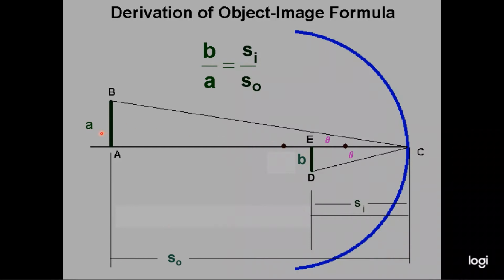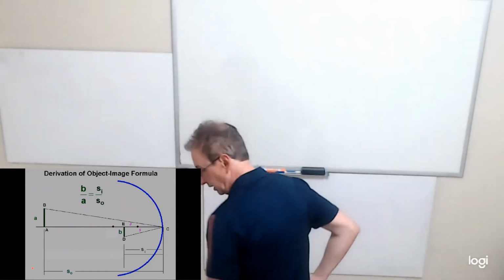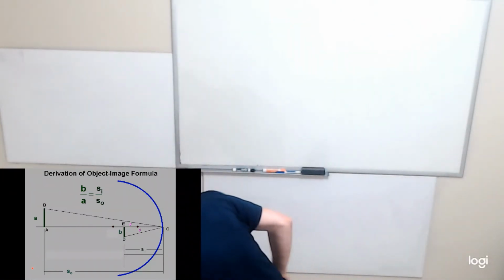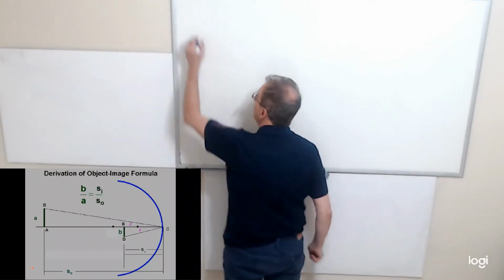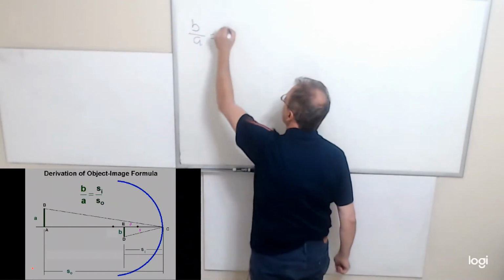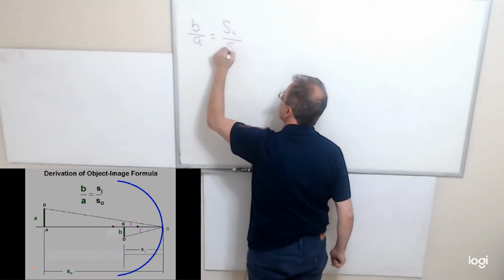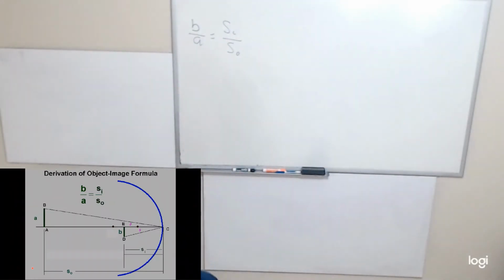The ratio of B to A is equal to the ratio of the image distance over the object distance. I'm going to write that on the board real quick, because that's going to be one of the equations we're going to be working with. So we'll write B over A is equal to S sub I over S sub naught. Okay, just going off this diagram.